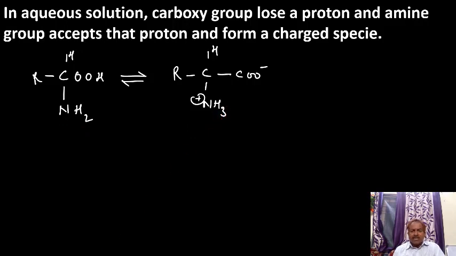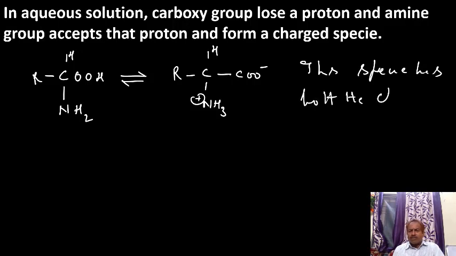Therefore this species has both the charges, and is known as a Zwitter ion. So the Zwitter ion has both a positive charge as well as a negative charge.